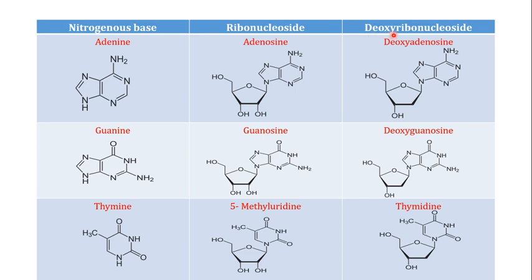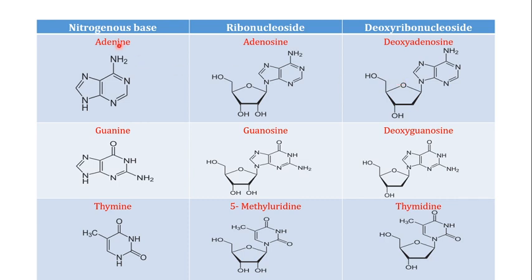And if you talk about deoxyribonucleoside, again, this is the adenine base which is attached to a deoxyribose, where at position number 2 the hydroxyl group is not present. So in the RNA you will be having this ribonucleoside. In the DNA you are going to have the deoxyadenosine over here.